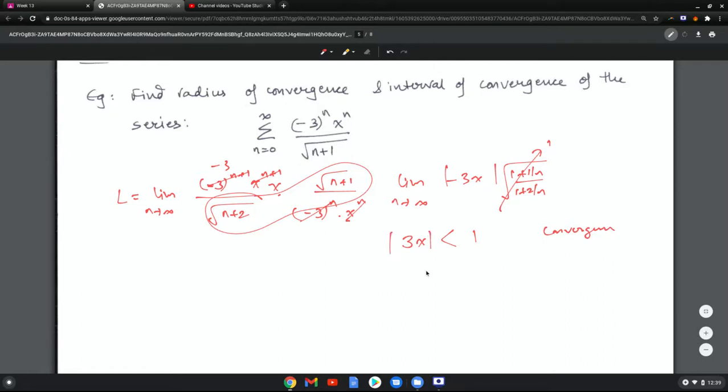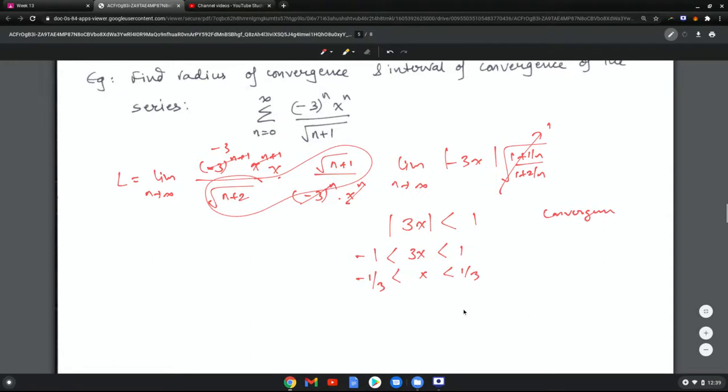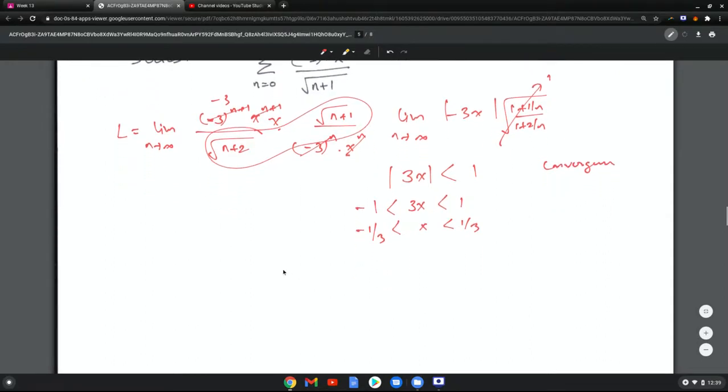All right. So this means 3x is less than 1, greater than negative 1. x is less than 1/3 and greater than negative 1/3. So in this case, the radius of convergence is 1/3 and the interval is negative 1/3 to 1/3, because here a is 0.